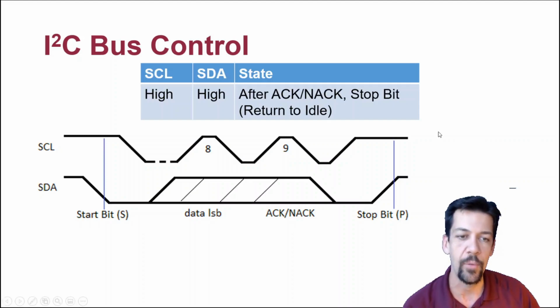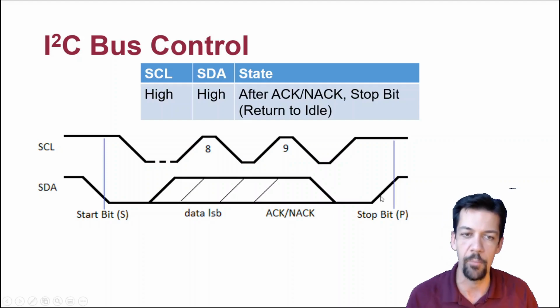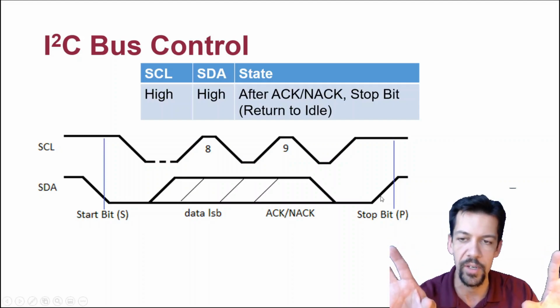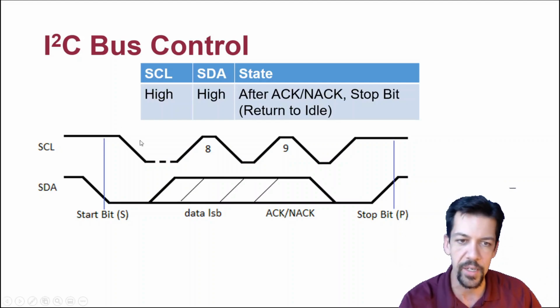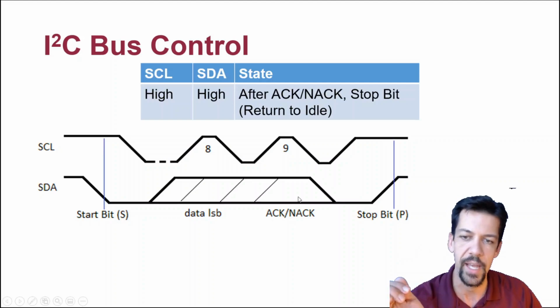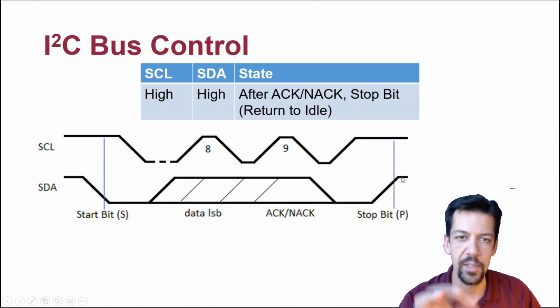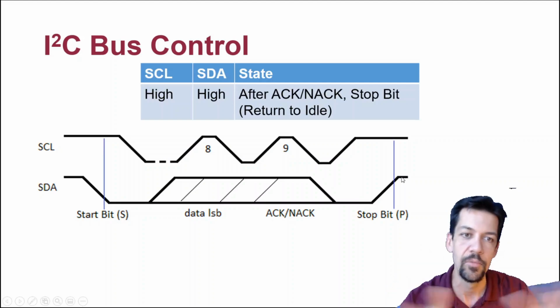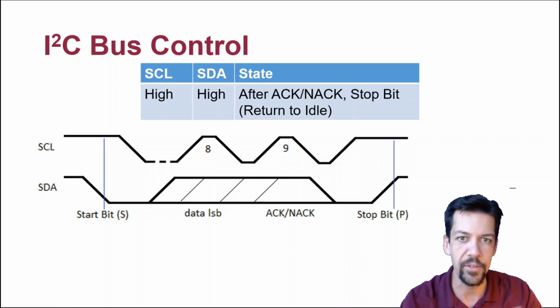And then we go to a stop bit, which is where both of the lines return to high, basically inverted. First the SCL line goes high, goes idle, then SDA goes idle. That is the stop signal, returning to idle and waiting for the next transaction.